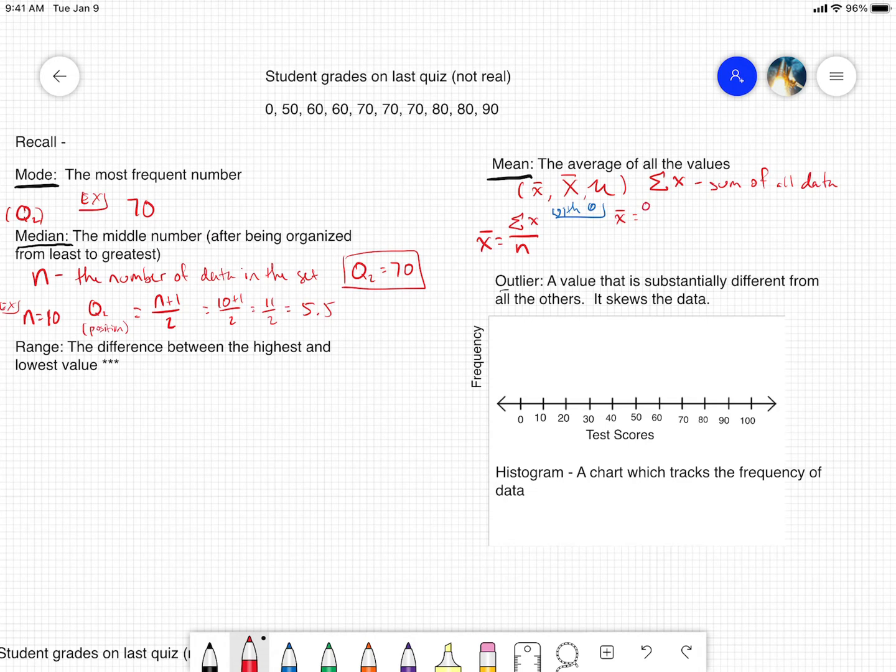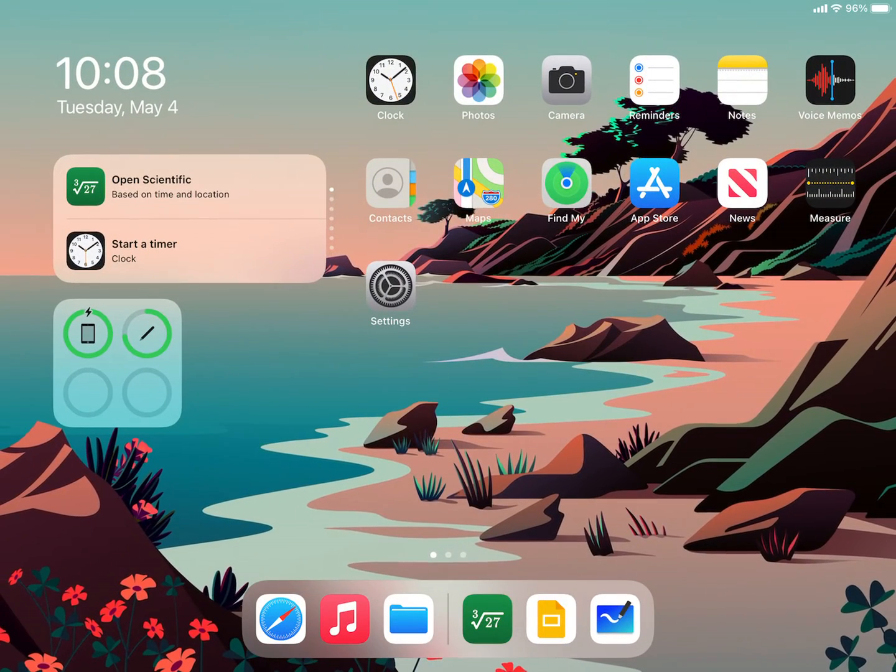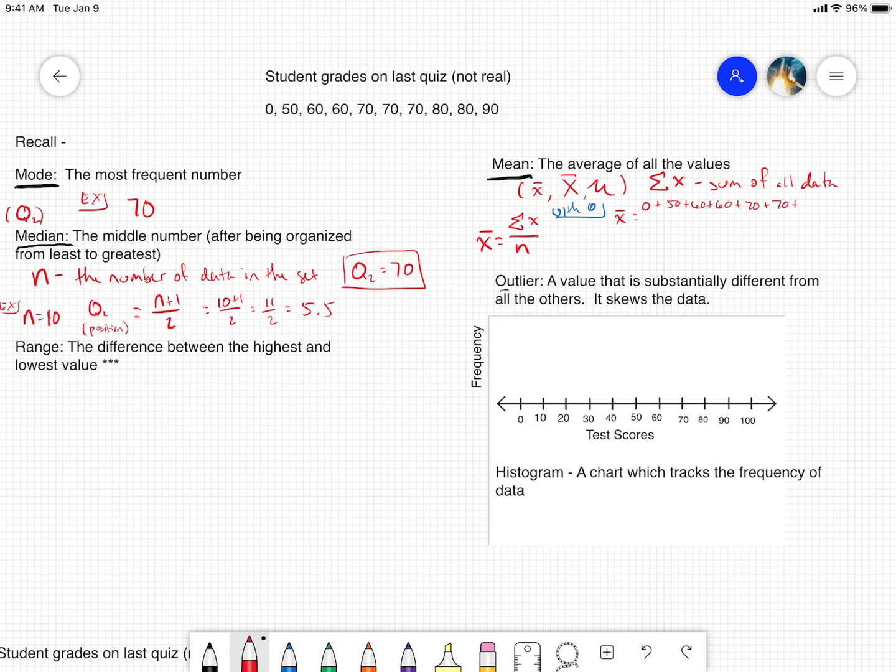So I'm just going to add them all: 0 plus 50 plus 60 plus 60 plus 70 plus 70 plus 70 plus 80 plus 80 plus 90, all over, since there are 10 data points, 10.